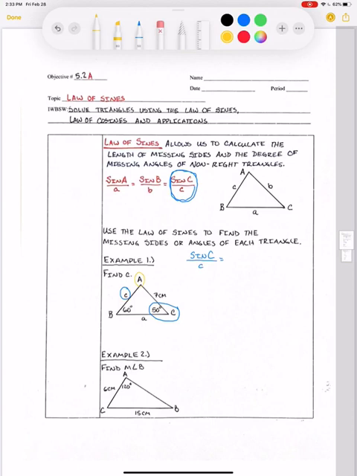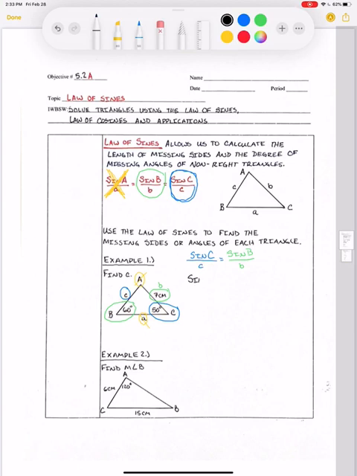I have this angle A and I have side A. I don't know what either of them are, so they're really of no use to me, so I'm not going to use this piece of that formula, which means by default I have to use this piece. So I'm going to use the sine of B over side B. And if you look, I know what angle B is and I know what side B is. It's 7.